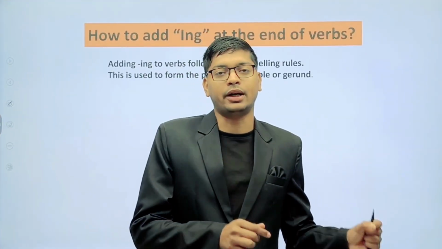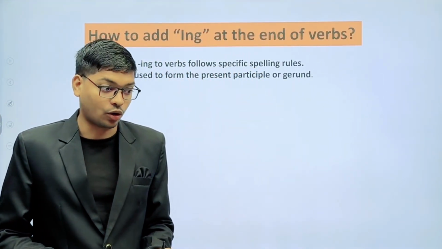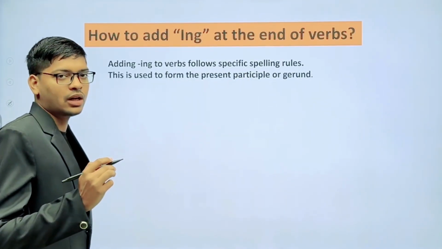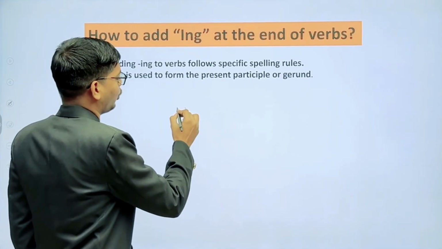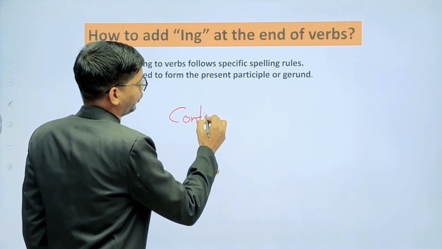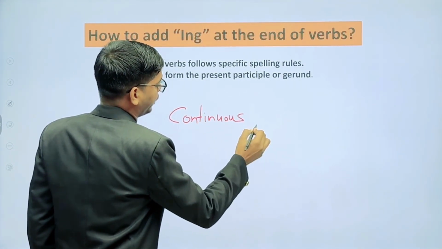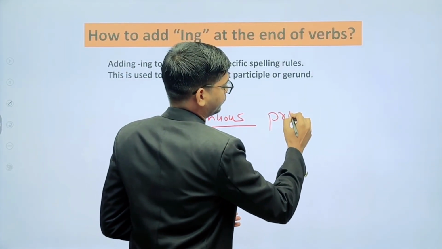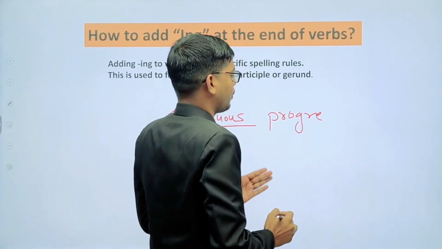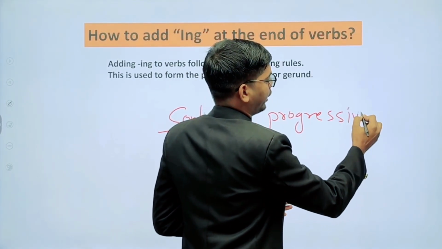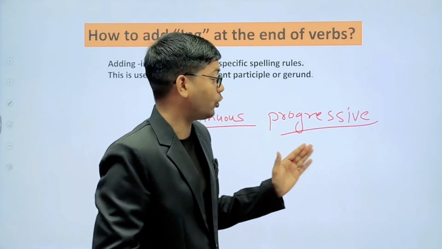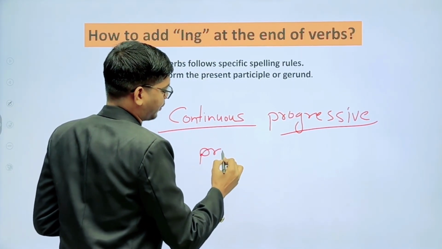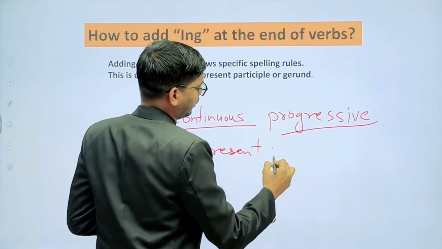So guys, you need to understand when we use or add the ing format. You have heard about the continuous form. Continuous means progressive, or you can also say present participle.